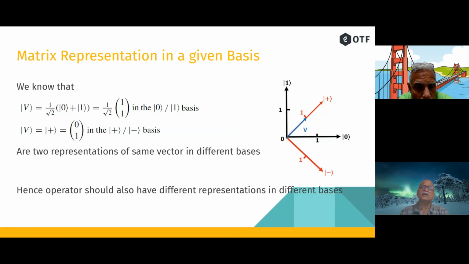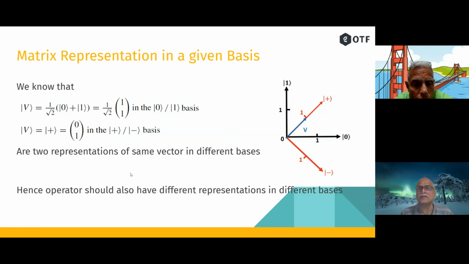Initially we spoke about the fact that give me a vector in the context of a bunch of basis vectors; the same vector can be denoted in the context of another set of basis vectors. Remember that another set of basis vectors would mean another space. Every space will have its own basis vectors.